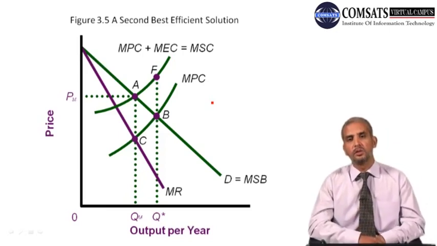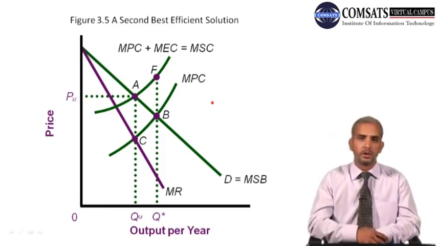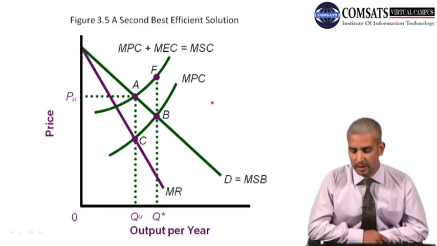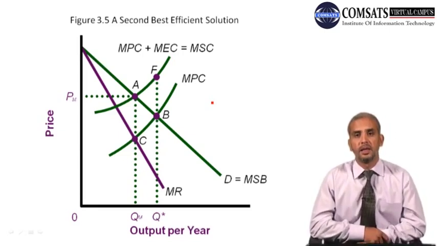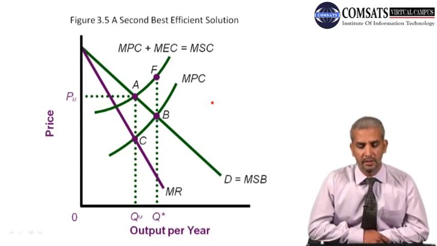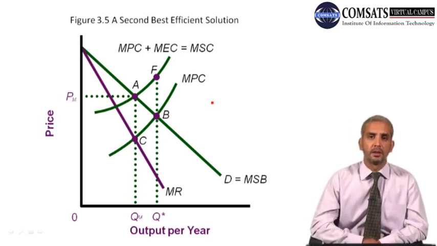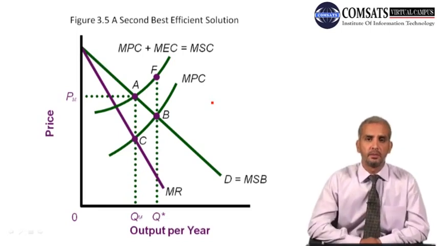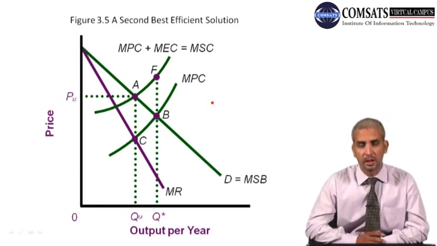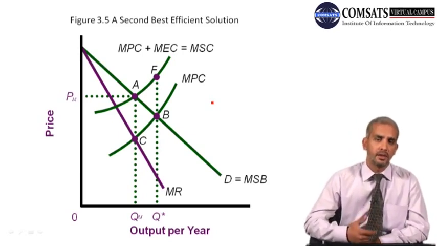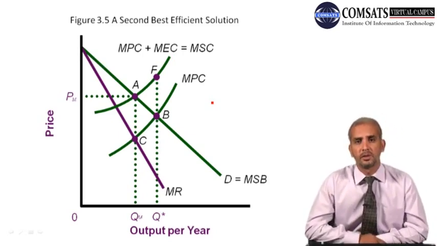So now there are two solutions for the government. First solution is, considering that there is a cost involved in breaking up that monopoly, that we incur that cost and the government breaks up that monopoly into a competition. Now let's assume that it is a perfect competition producing at Q star, but still if it is producing at Q star, there is a negative externality involved with its production process.